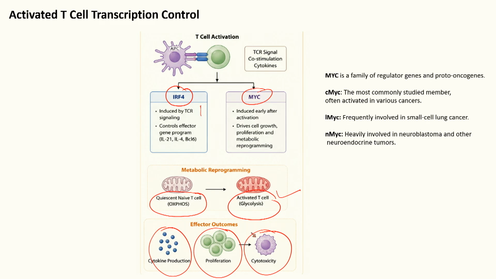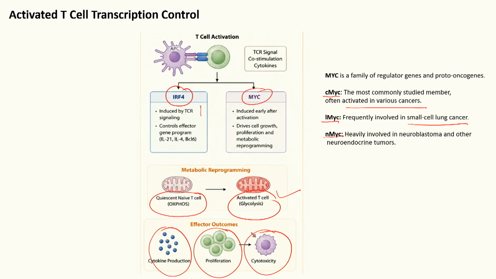So let's try to see what c-MYC, specifically L-MYC and N-MYC, are. These are a family of regulator genes which are actually proto-oncogenes. They can help in the proliferation of cell types. c-MYC is the most explored one. It is activated in various types of cancer cells. L-MYC is particularly involved in small cell lung cancer, and N-MYC is particularly for the neurons.